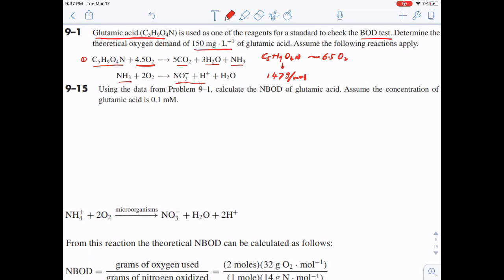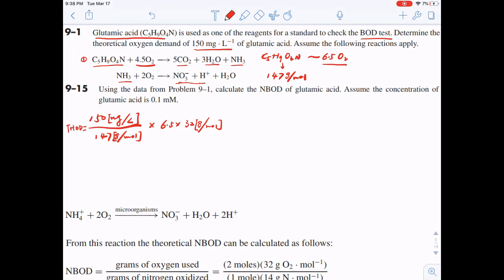Based on the mass concentration of the glutamic acid, we can calculate its molarity. That's going to be 150 milligram per liter divided by 147 gram per mole, and then we multiply that by the stoichiometry number, 6.5, multiplied by 32 gram per mole, where 32 is the molecular weight of oxygen.